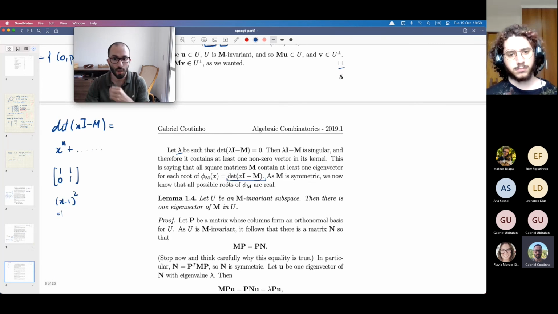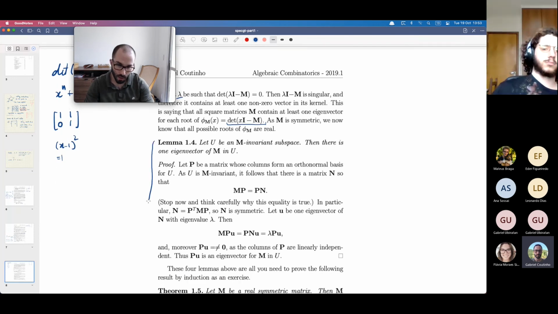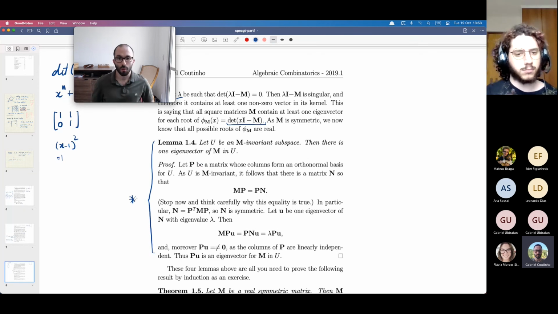So what is going to happen now? I take U to be an invariant subspace. I will show that there is one eigenvector of M which lives in the subspace. Okay, now this lemma 1.4 is the important result, the most difficult piece of this proof.